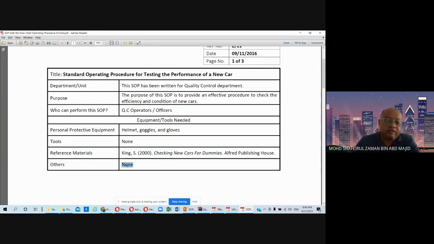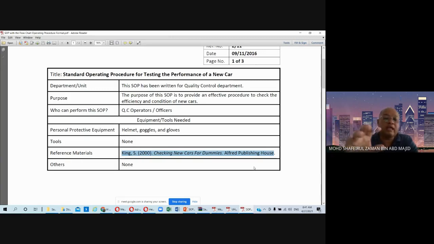But for the reference materials, if it is not stated in the situation given for assessment 2A, please bear in mind that you need to find the information from other sources as well. You can go to any manuals or pages on this kind of procedure.